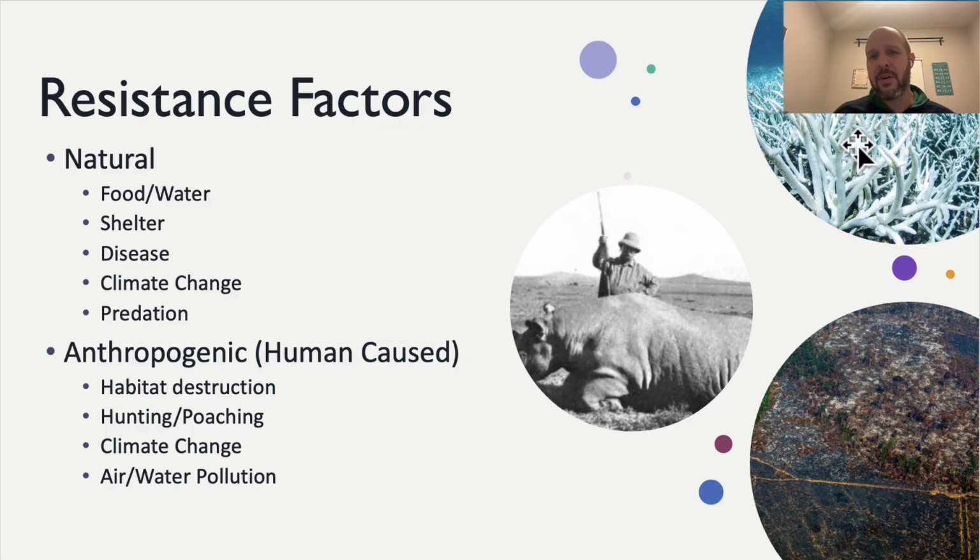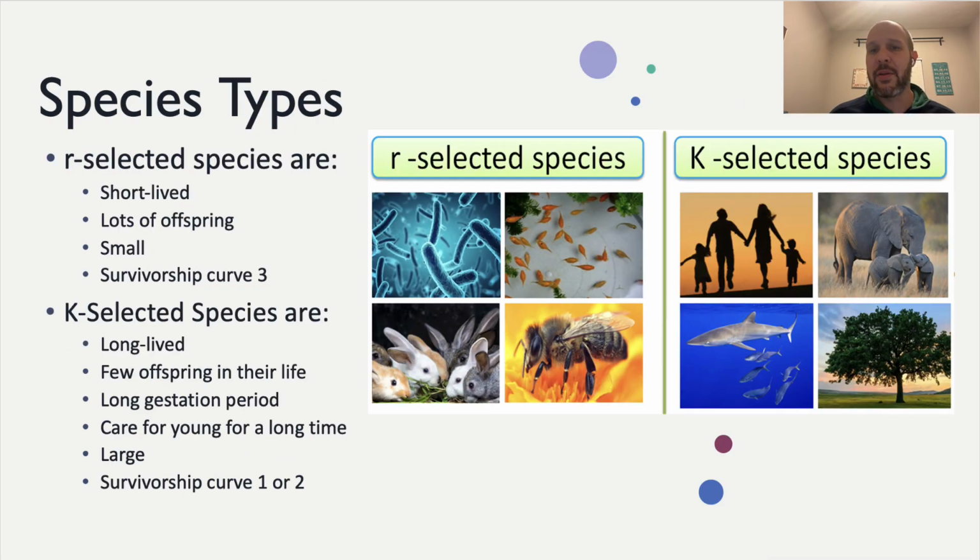And that in itself also destroys habitats because the corals are no longer living and providing resources for all the fish that live there. And so you ultimately have habitat loss that way too. And of course, we're polluting our air and water, which makes places unlivable for a lot of aquatic life as well.